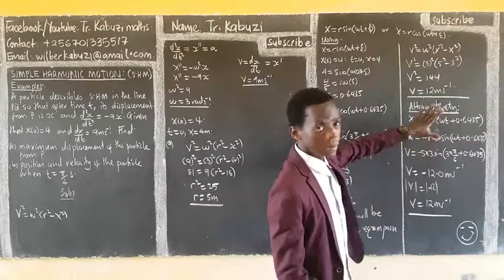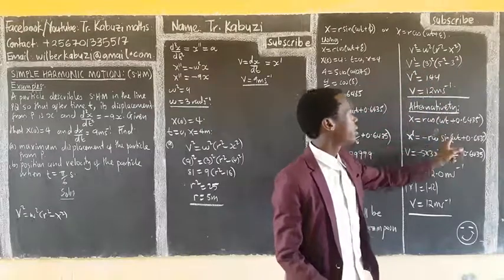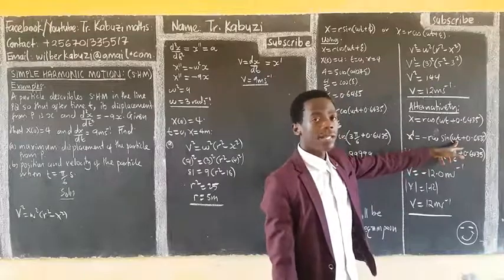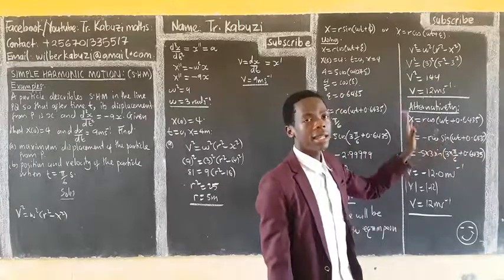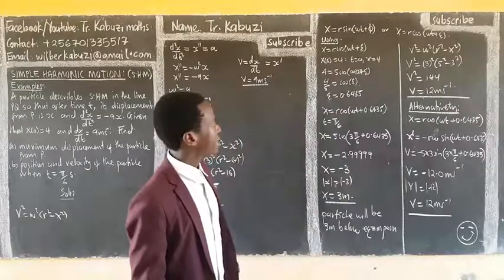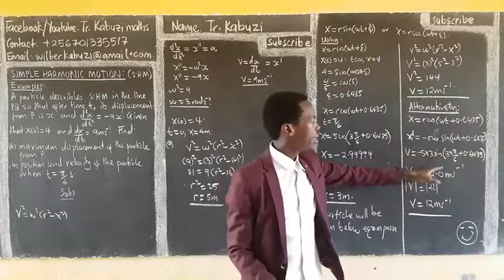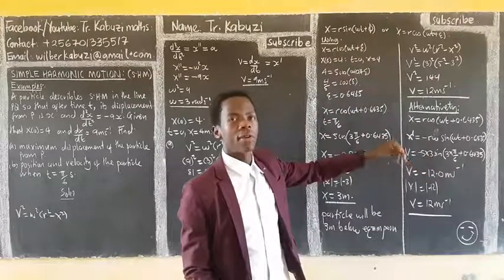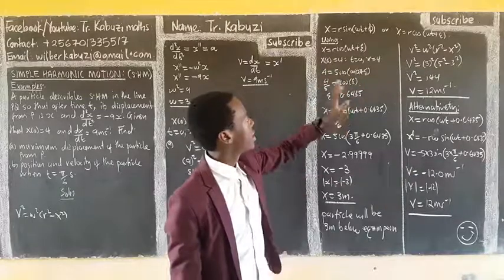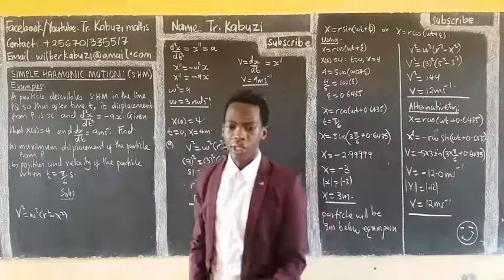But I would suggest using this one, because when people are differentiating, in most cases they forget to multiply by this coefficient, and then you will never recover. If you use sine and this method, you get something, and when you round off, it's again 12. So either use this or that, the answer is going to be the same. So that's it. I wish you well.